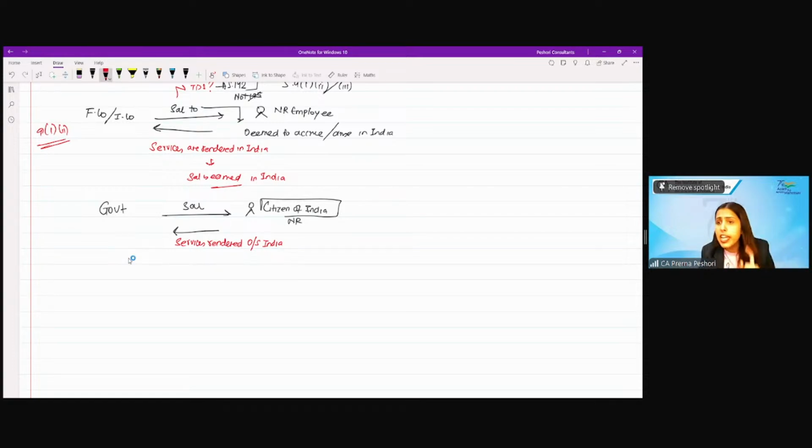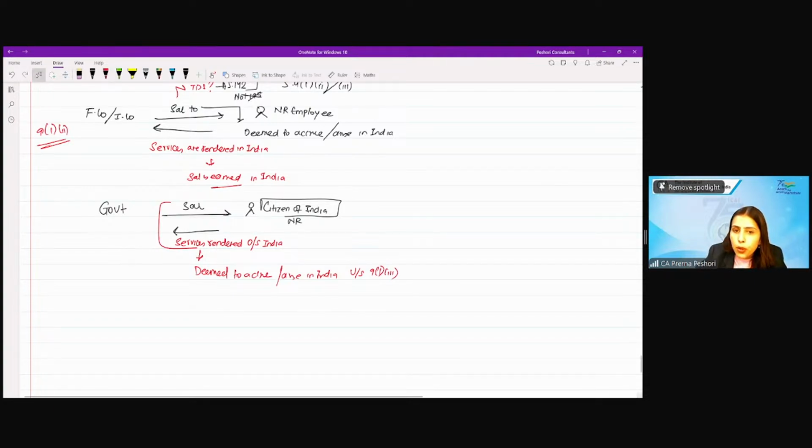But additionally, if he's a citizen of India and providing the services to the government of India, even if he's rendering the services outside India, this salary will be deemed to accrue or arise in India under section 913.